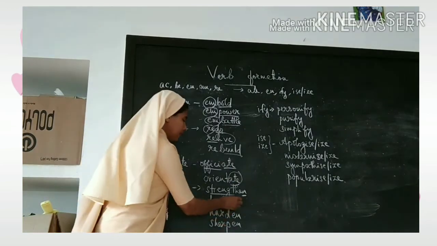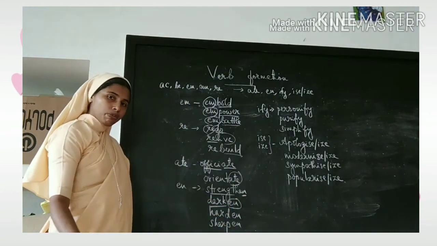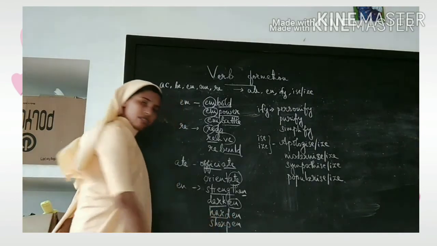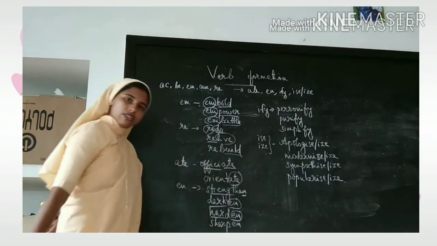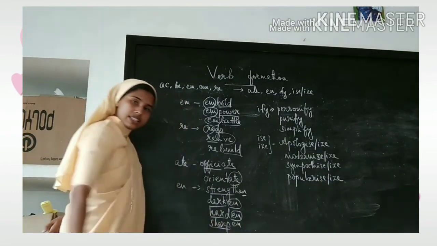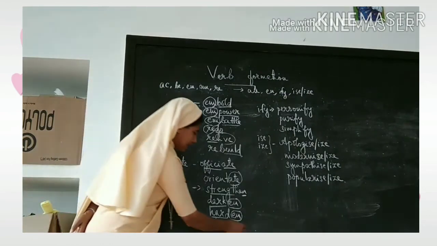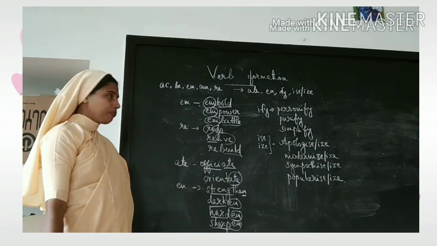And when you add en with it, you will get a new word, darken, that is a verb. Hard, that is an adjective. When you add en with it, you will get a new word, harden. Sharp, adjective. And when you add en with it, you will get a new word, sharpen.